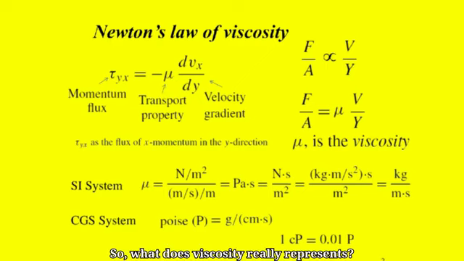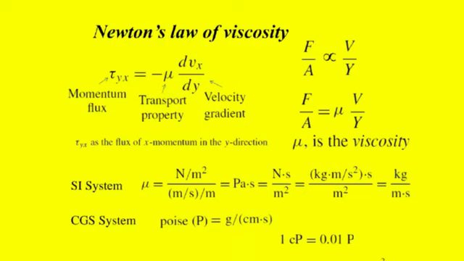So what does viscosity really represent? A high viscosity fluid resists motion. It flows slowly, whereas a low viscosity fluid like water or air flows more easily. It doesn't resist, it is less resistive, hence flows easily.